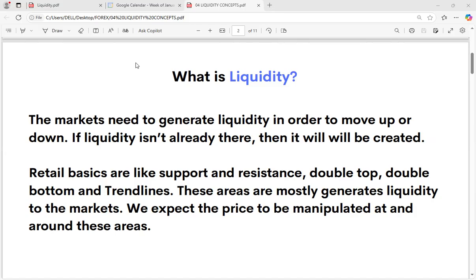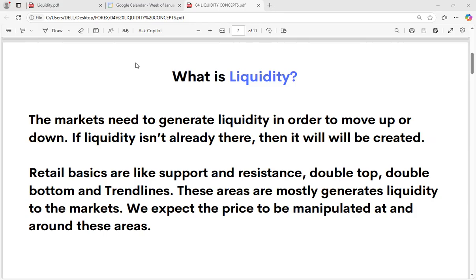If you're a BFI, big financial institution, banks and other institutions, you look at how retail traders trade, those concepts which are very famous, which are very, very used by most people who are trading the Forex market. So liquidity is just a stop loss.